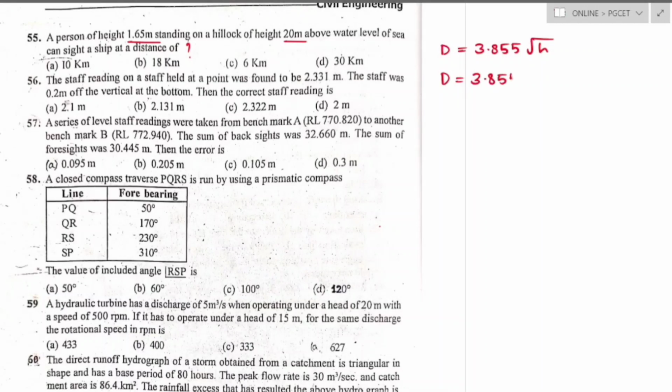D is equal to 3.855 square root of 20 plus 1.65. 20 is the height of the hillock and 1.65 is the height of the person. So D will be 17.93 kilometer, approximating as 18 kilometers. So option B will be the right answer.